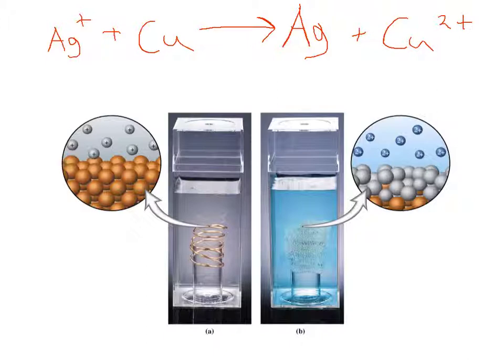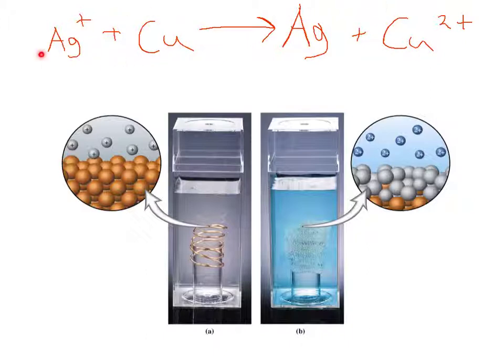Now, we have to look closely at what's going on here. Our matter is balanced. We have a silver there and a silver here and a copper here and a copper here. But charges are not balanced, so we need to take care of that. Remember, we can add coefficients. What we need to do here is first balance the charges. I've got a 2+ charge on this side.